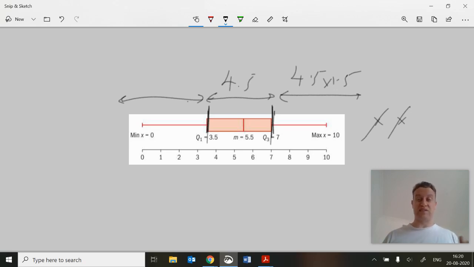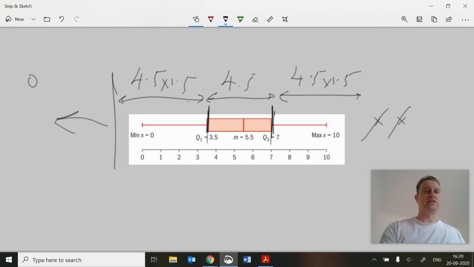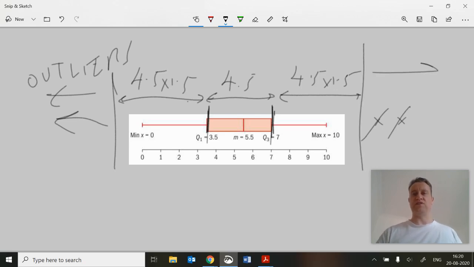You have to figure out whether that's the right thing to do or not. And likewise, if you take 4.5 times by 1.5 off 3.5, you're going to get a negative answer. Clearly, if the minimum result that you're getting is 0, that's not an outlier as well. Outliers start from this point onwards, in this region here, and likewise in this region here. Right, beware.